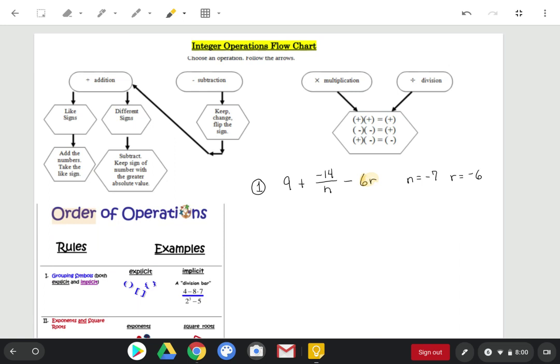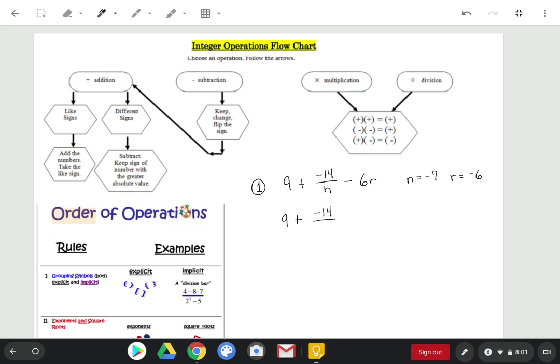So what we're going to do is fill in the values for the variables. So that would be 9 plus negative 14 over, and I know I keep saying over, but guys, that line means division.